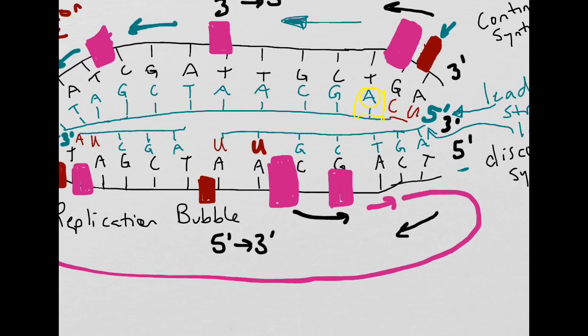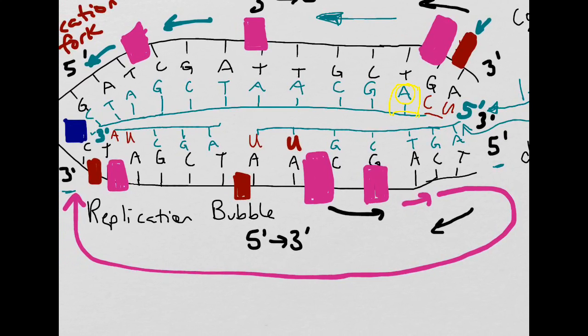So, something else that has to happen here. When you look at this, it doesn't look quite right. It doesn't look finished, right? It's not. We end up with these little fragments. And these fragments, boy, this is getting tight here. Okay. The fragments, I'm going to circle it. See that fragment right there? That fragment is called an Okazaki fragment.